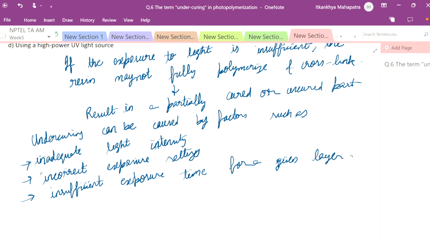These are some of the causes of the undercuring. Factors responsible for undercuring.